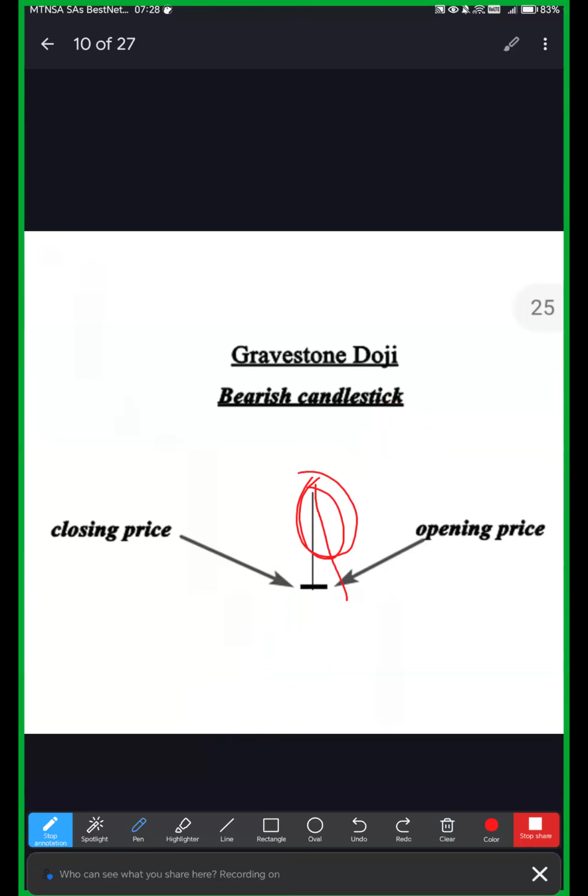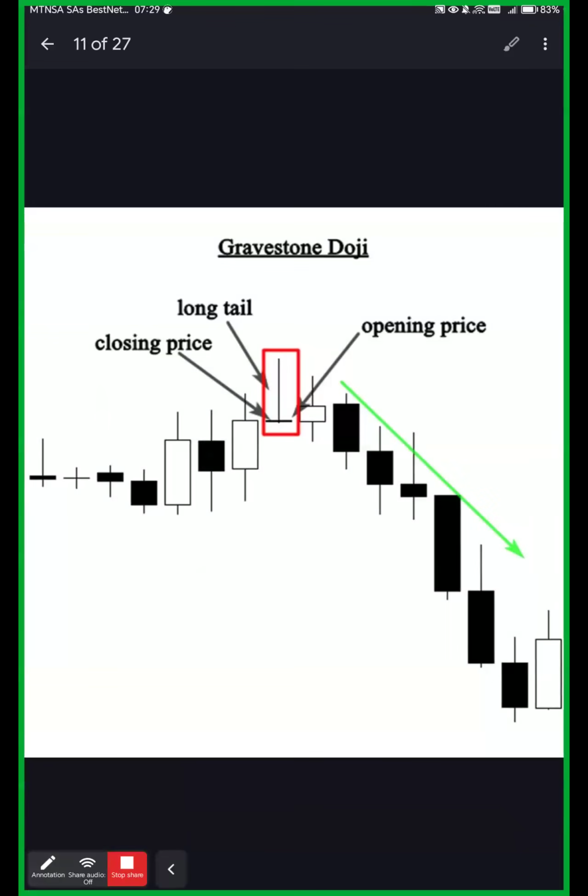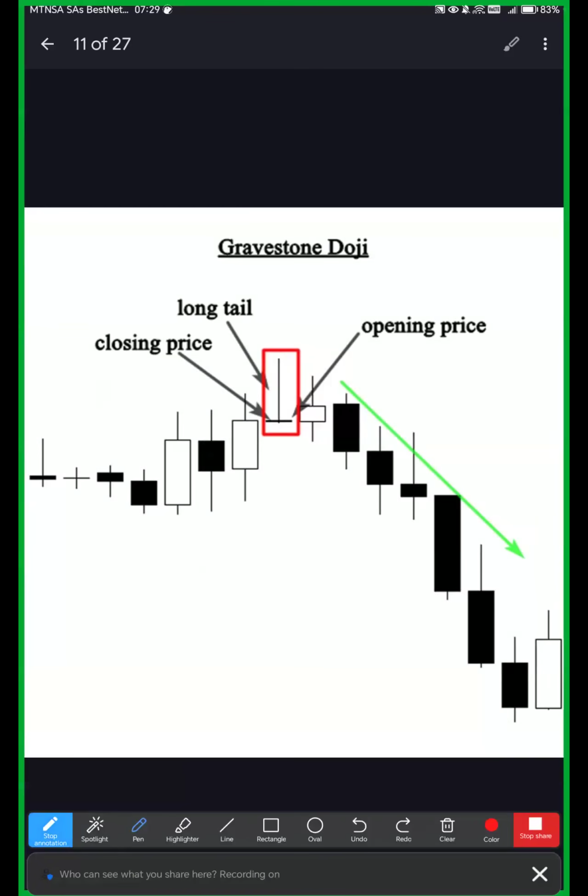So you can see the creation of the long upper shadow signifies selling pressure, and the market is likely to change direction to the downside. This is how the Gravestone Doji is displayed in the market. This tells you that buyers can no longer contain the price here at the top. They don't have the energy anymore.